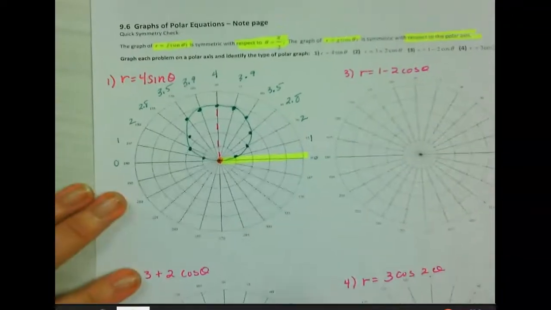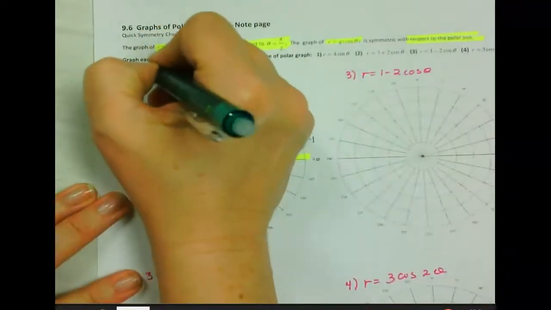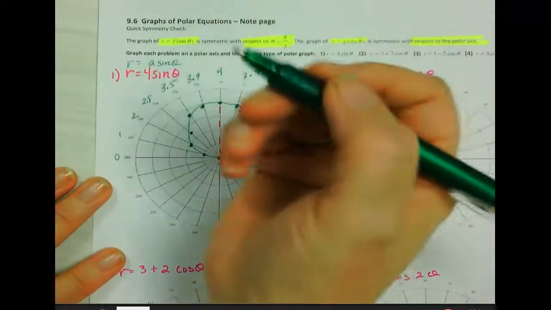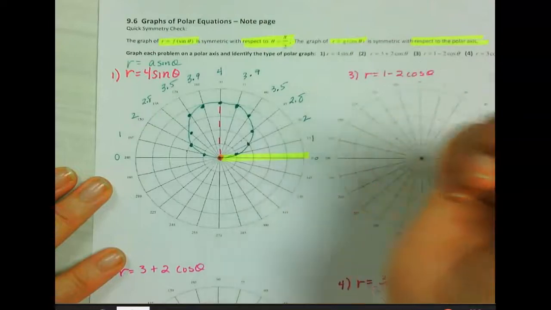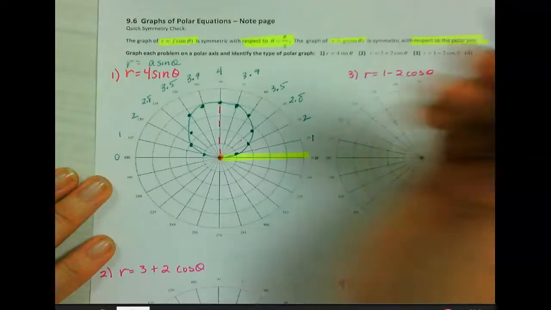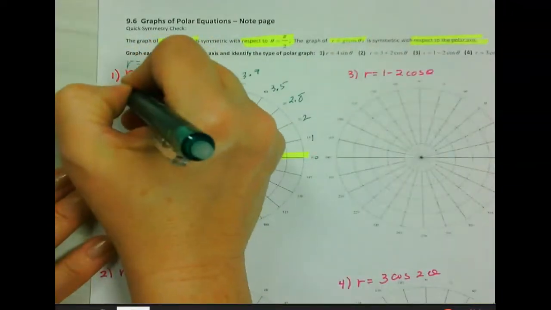Before we ever started, we would have written down some things that we know about the graph. For instance, we know this is going to be r equals a sine theta. So I can tell a is 4, and the significance of a being 4 is that it circles that distance across the circle. So a is 4.